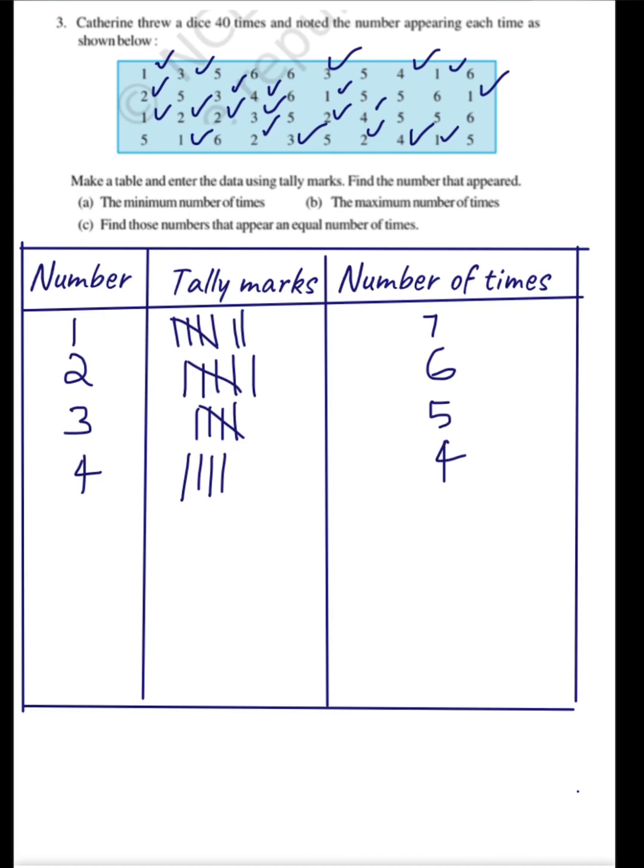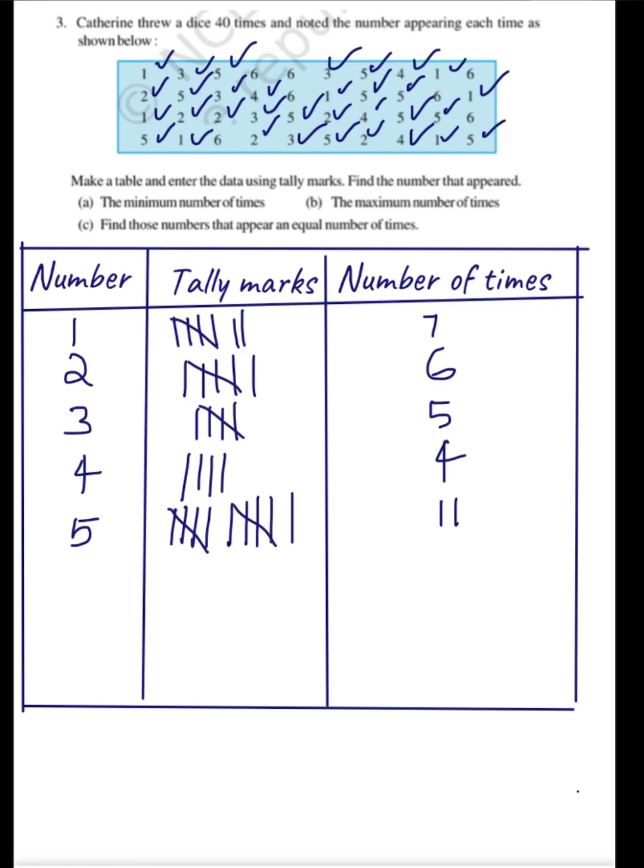Now the next one is 5. Let's count it. 1, 2, 3, 4, 5, 6, 7, 8, 9, 10 and 11. How will you mark 11? 1, 2, 3, 4, 5, 6, 7, 8, 9, 10, 11.